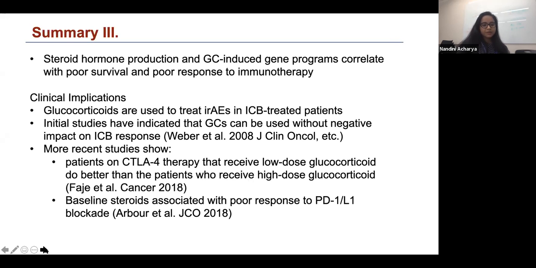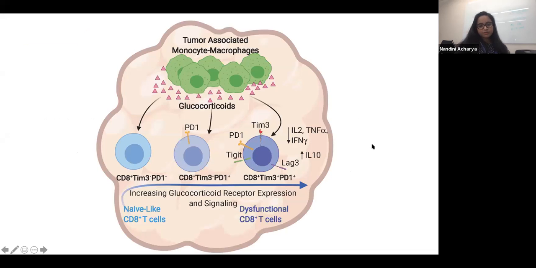and PD-L1. So with this, I will conclude my talk, and this is the summary, where we saw that glucocorticoid signaling increases gradually from the TIM PD-1 double negative cells to the TIM negative PD-1 single positive cells, and it's highest in the TIM PD-1 double positive cells, which have a dysfunctional phenotype.